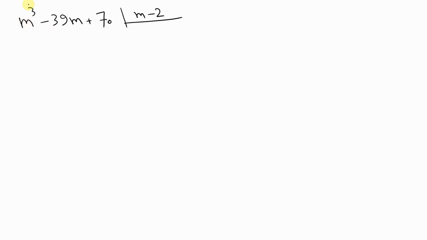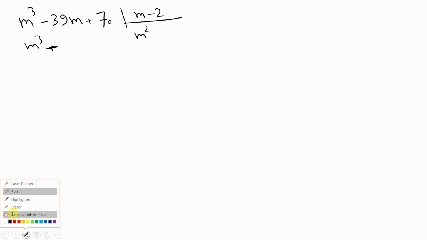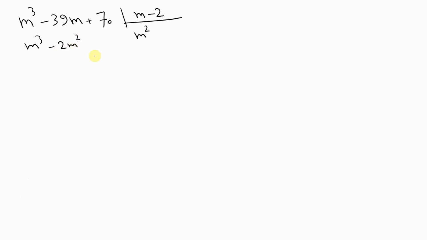Okay, m cubed divided by m gives m squared. So here we have m cubed minus 2m squared. Now this minus becomes plus and this one minus, so these two are crossed out. We are left with 2m squared minus 39m plus 70.